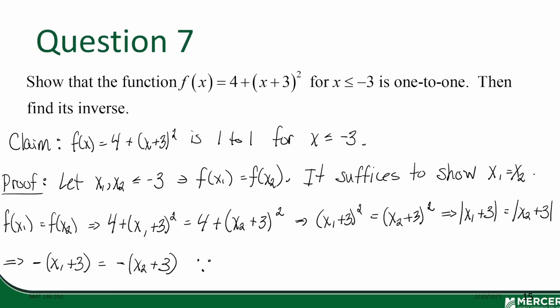This is because, I'm going to write it this way, actually. We have x1 and x2 both being less than or equal to negative 3, which means x1 plus 3 and x2 plus 3 are less than or equal to 0.